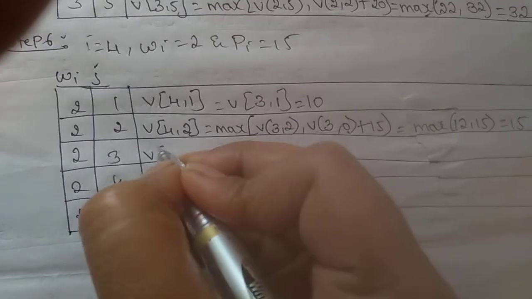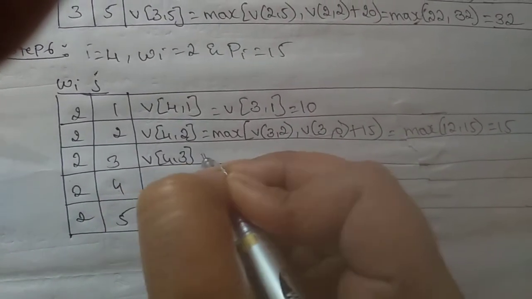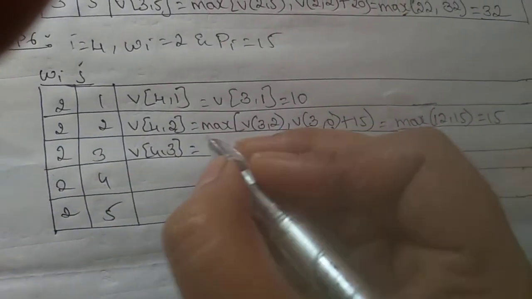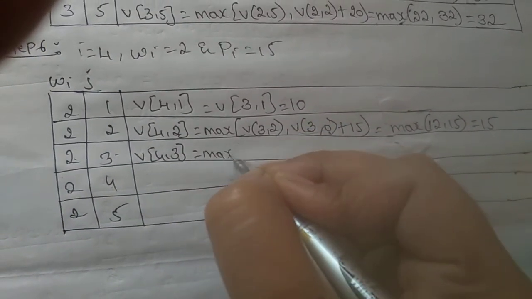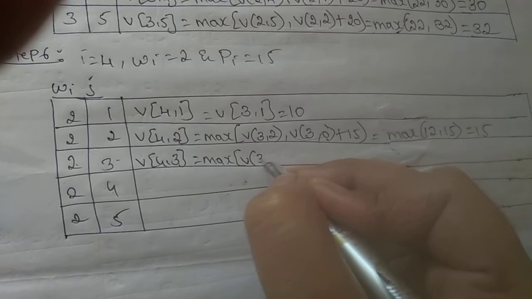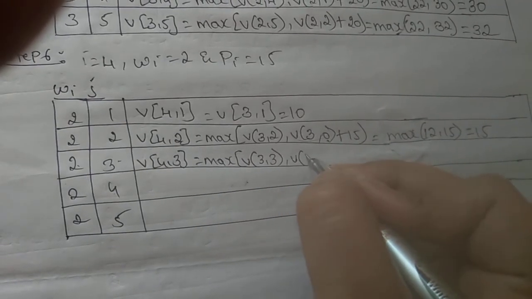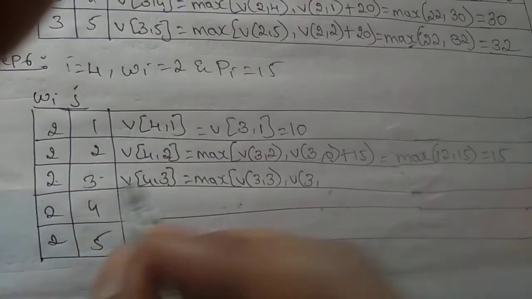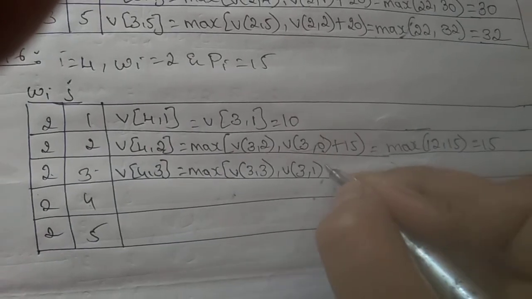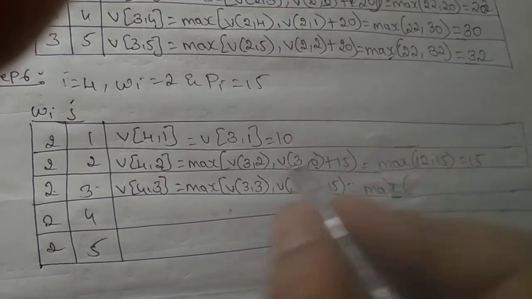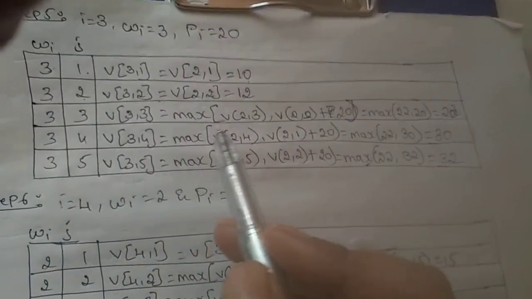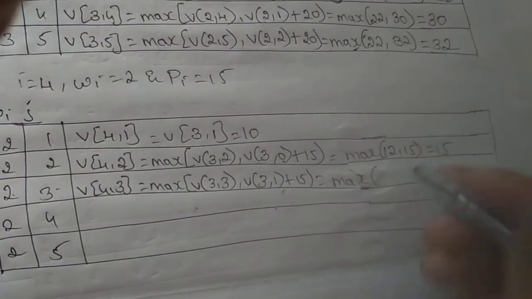Next, v of 4, 3. What is v of 4, 3? Here also wi is less than j. So max v of 3, 3, then v of 3, j minus wi, it is 1 plus 15. So max of v of 3, 3, 3, value is 22.